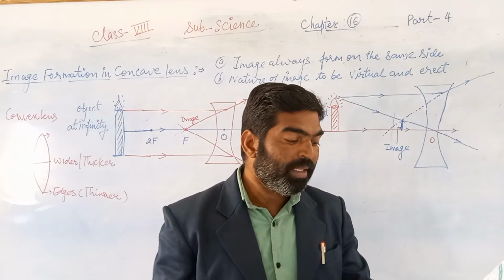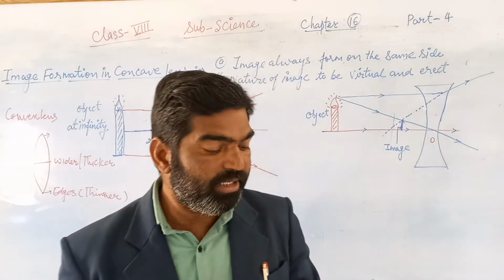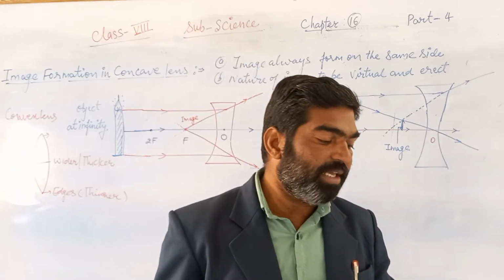Third difference: the concave lens always forms a virtual and erect image on the same side of the lens.